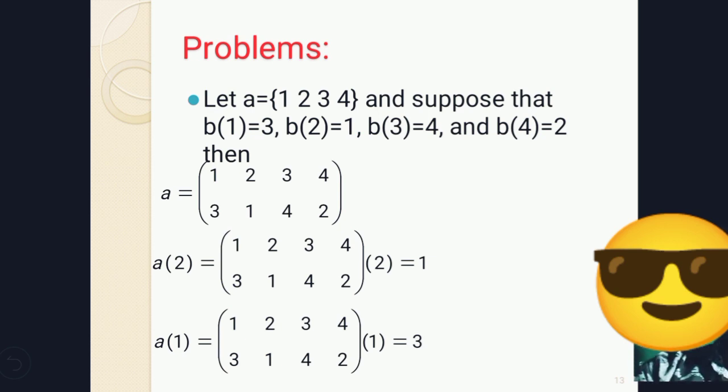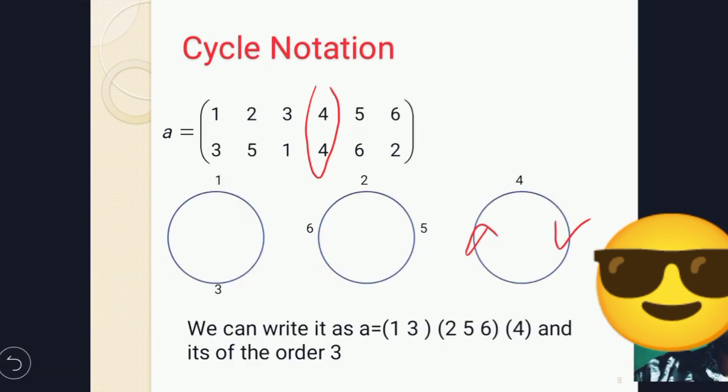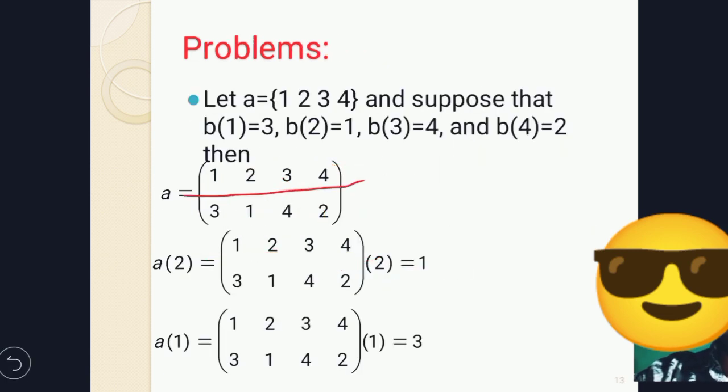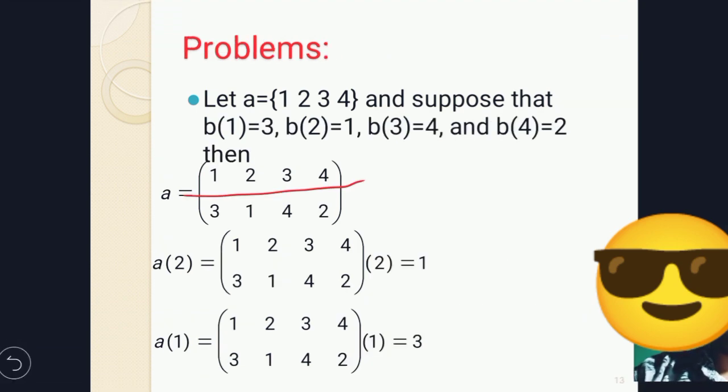Here 1 2 3 4 is the domain, and B of 1 is equal to 3, B of 2 is equal to 1, B of 3 is equal to 4, and B of 4 is equal to 2.